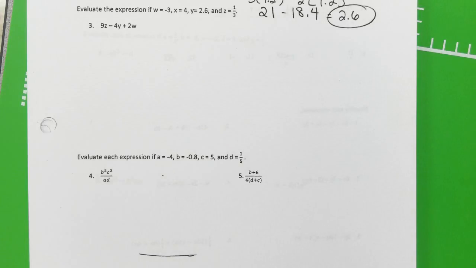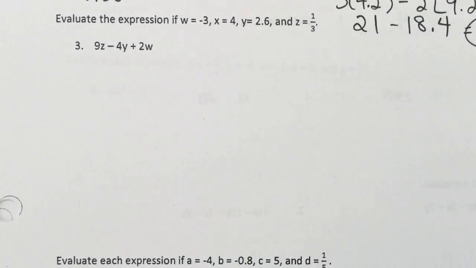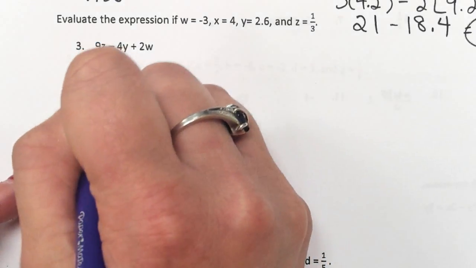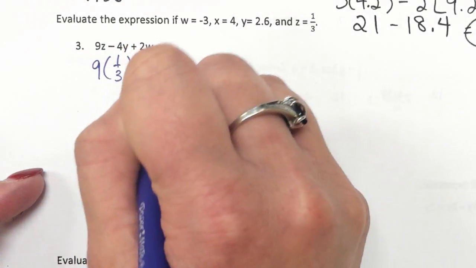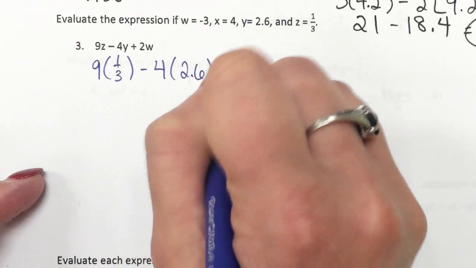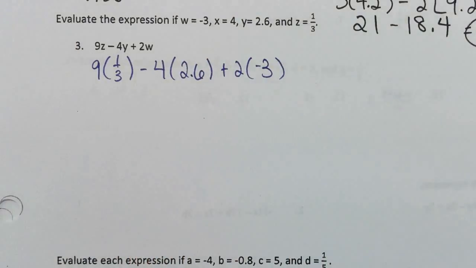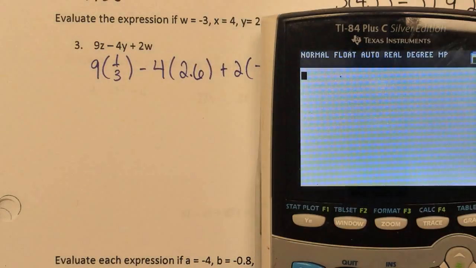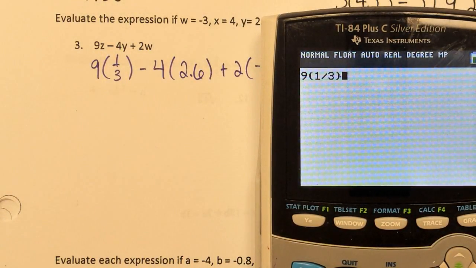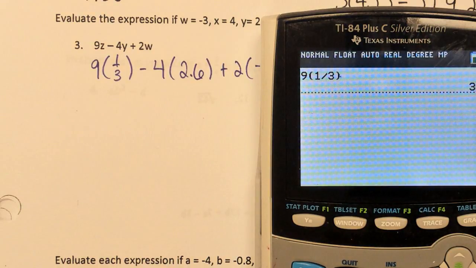What about number 3 should be pretty easy, right? So you got 1/3 times 9 minus 4 times 2.6 plus 2 times negative 3, right? Okay, did you type it in your calculator? 9 parentheses 1 divided by 3? What'd you get? 3, right?